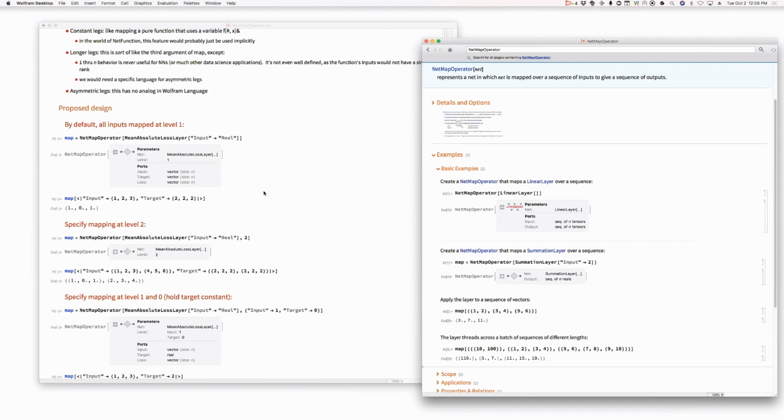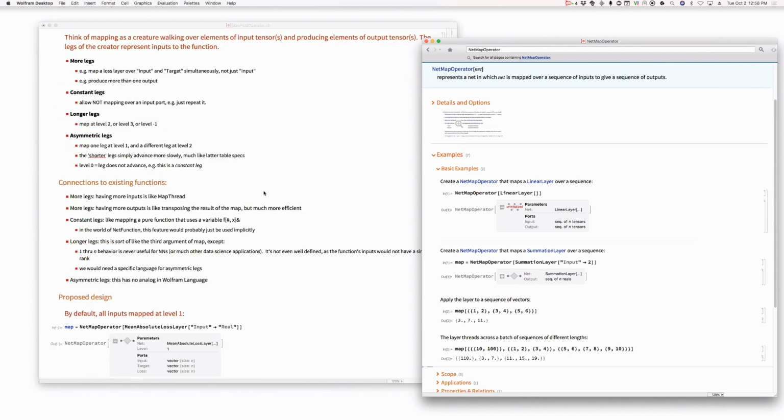Okay. Can you scroll up a little bit? It's good to look at the examples, but I think it's also good to contextualize what these generalizations are conceptually. You can think of what mapping is in general, not just for neural networks, as a function that's kind of a little bit like a creature, like a little insect, and it's walking across the input array or input arrays.